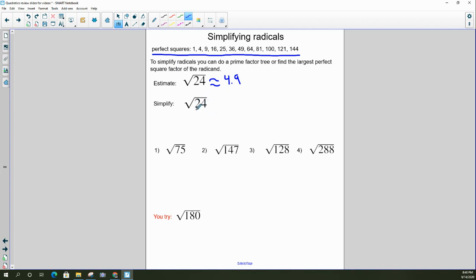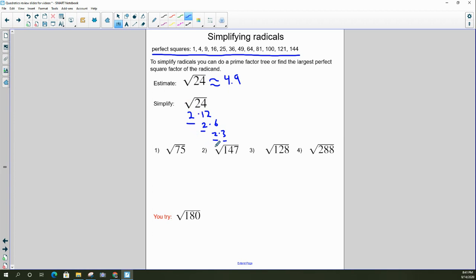So if I did the prime factor tree, I could say that this is 2 times 12. And then 12 is 2 times 6. And then 6 is 2 times 3. All right, and so now I have all these prime numbers. I have three 2s and one 3. But when I'm doing a square root, I want doubles.